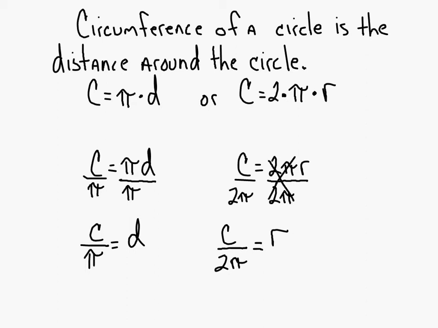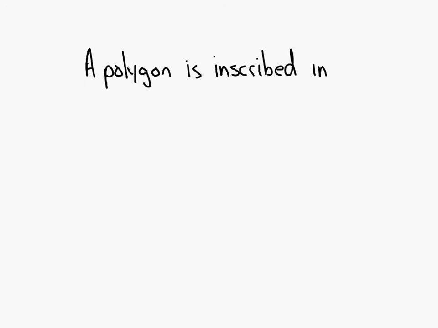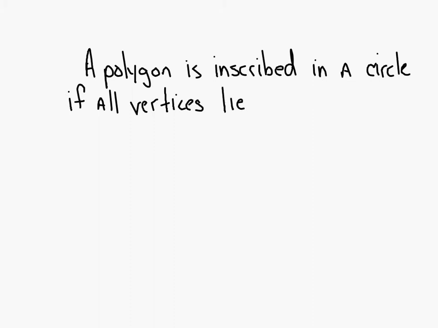All right, a few more definitions. A polygon is inscribed in a circle if all vertices lie on the circle.